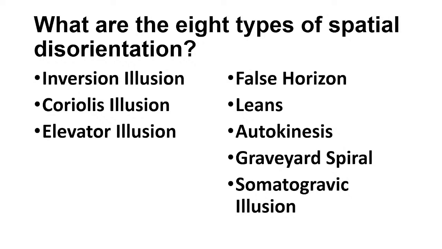And the Leans is also called Graveyard Spin, not Spiral. Graveyard Spin and Leans are the same thing. So your answer was correct, but the Leans and the Graveyard Spin are the same thing.